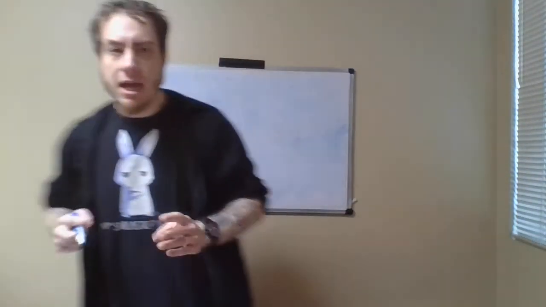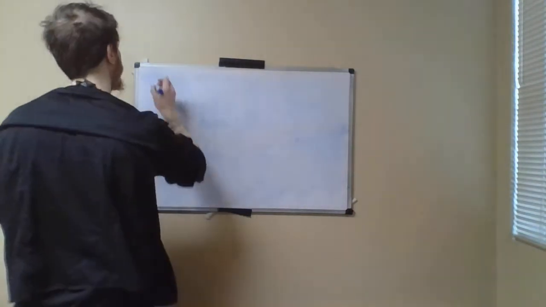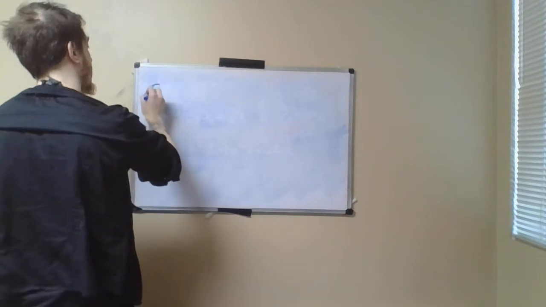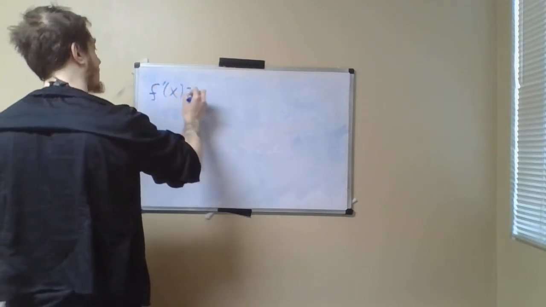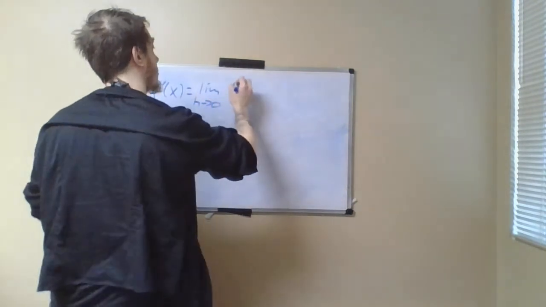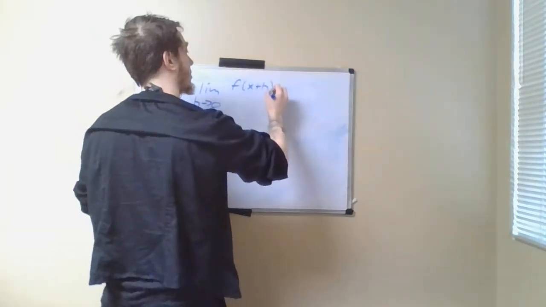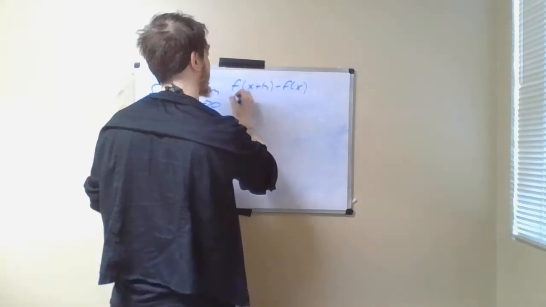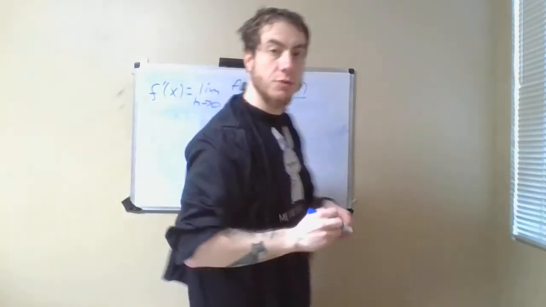And we figured out, mathematically, you can calculate the rate at which a quantity is changing by saying it is the derivative f prime of x, equal to the limit as h goes to 0 of f of x plus h minus f of x, divided by h.